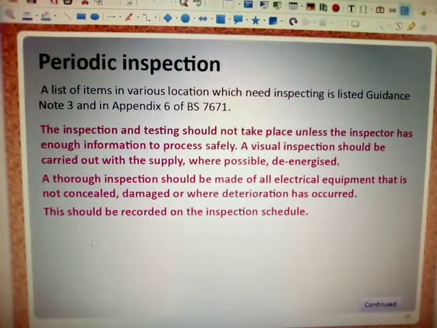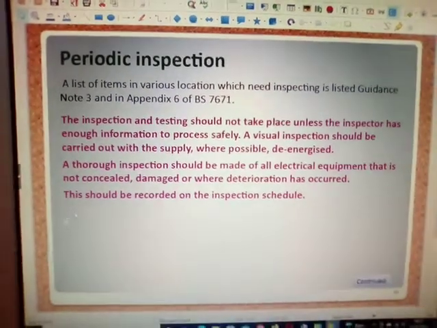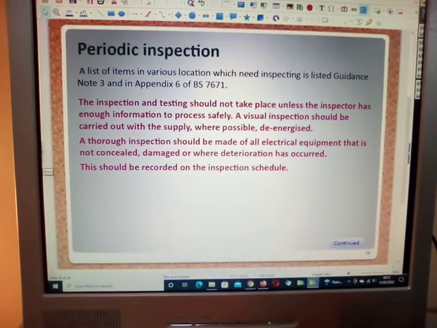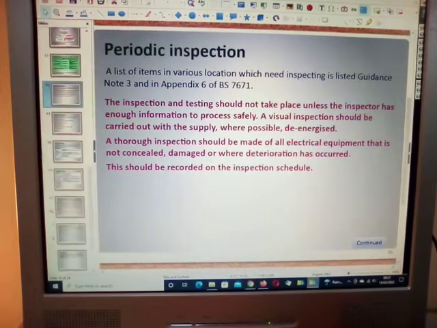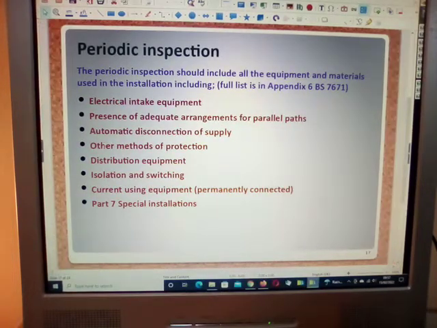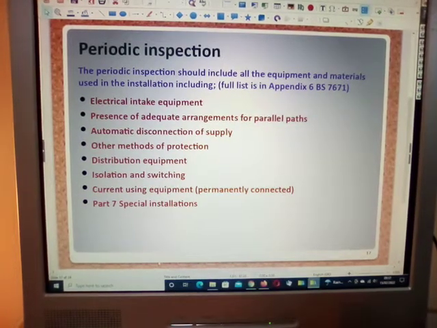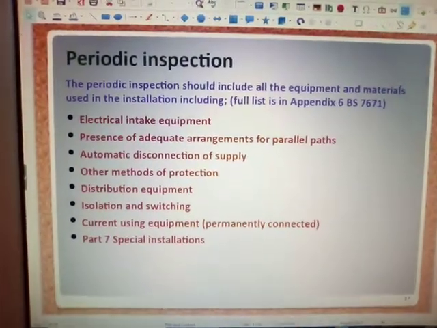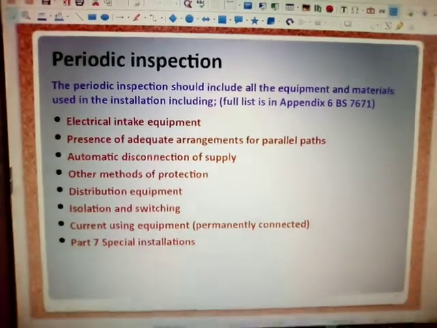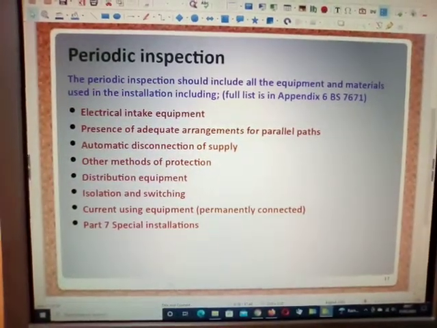Here we are again, referring to periodic inspection. Nothing for me to say here, to show you and for you to follow on.